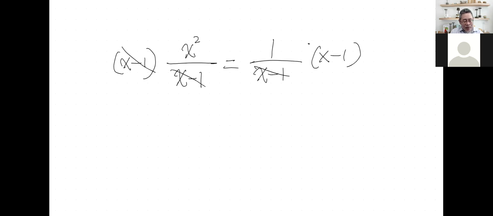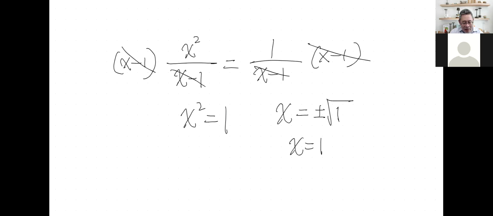We just cancel out the denominator. Then we got x squared equal to 1. So in that case, we got x equal to plus or minus the square root of 1. Then x equal to plus 1 and x equal to -1.